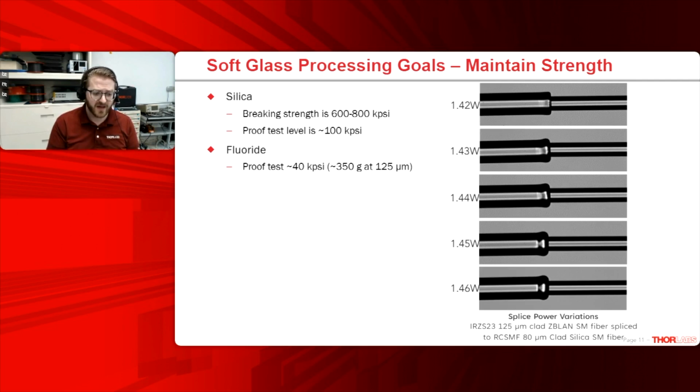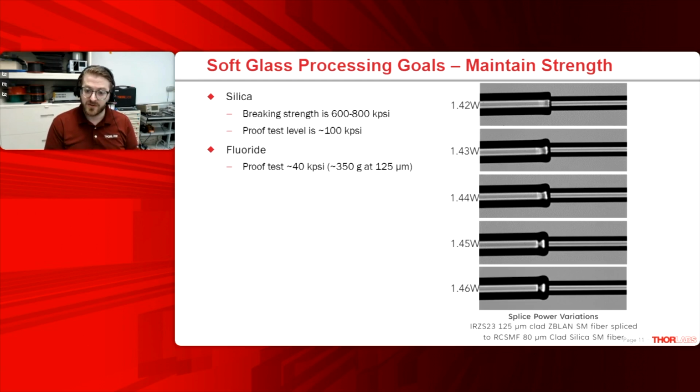On the right, I have 5 images, and you can see how much difference of rounding there is of the Z-blan fiber on the left, and this is spliced to a silica 80 micron diameter on the right. So this is our IRZS23 single mode Z-blan, and up here the corners of that Z-blan are barely rounded, and at the bottom it's almost a bulb that forms the splice joint.